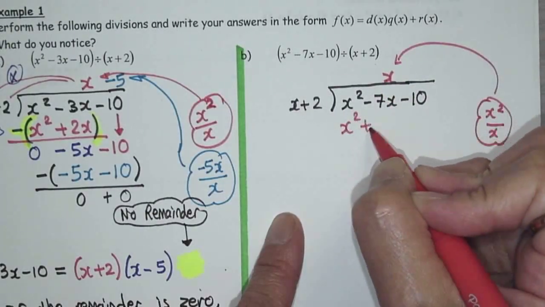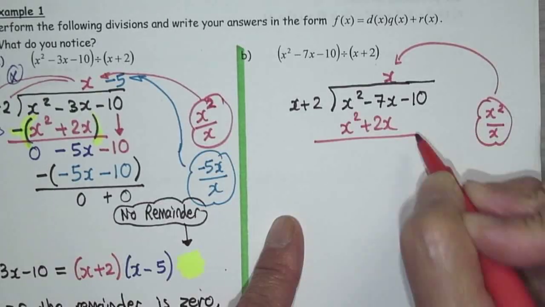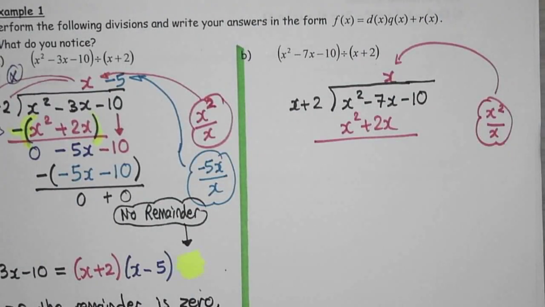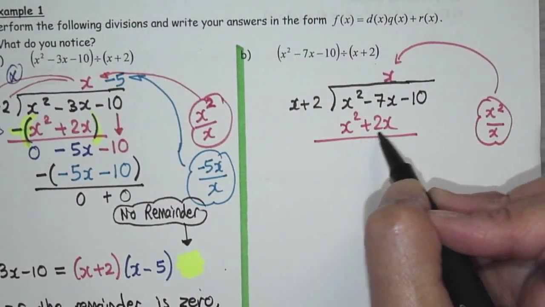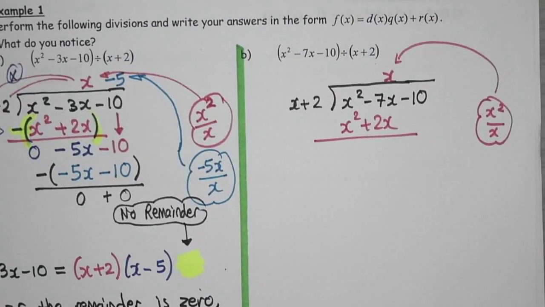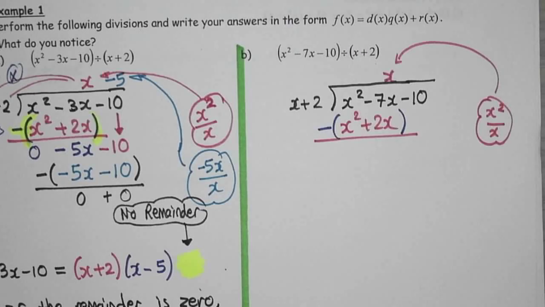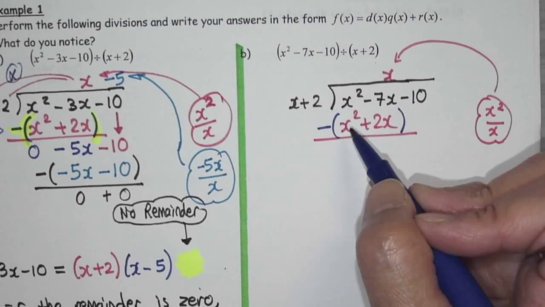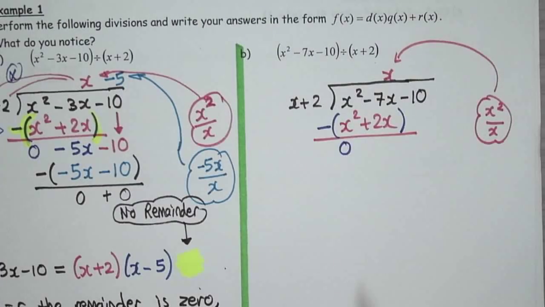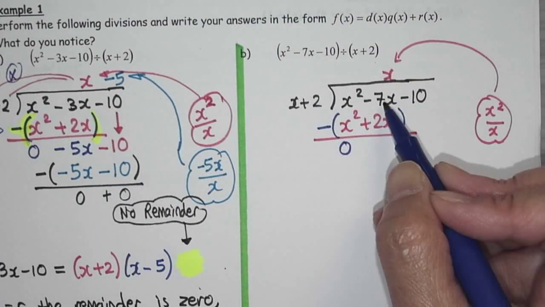So I'm going to get x squared plus 2x. So x times both of those. You put it there. And we're going to subtract both of them. x squared minus x squared, that should be 0. It should be because we chose it to be so.